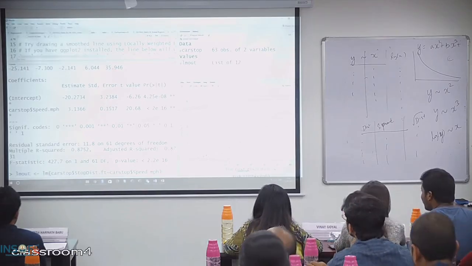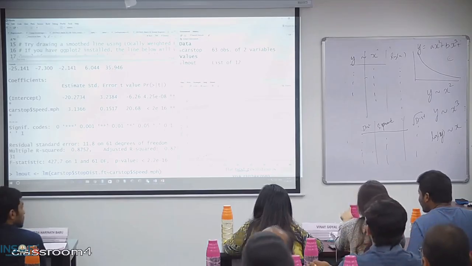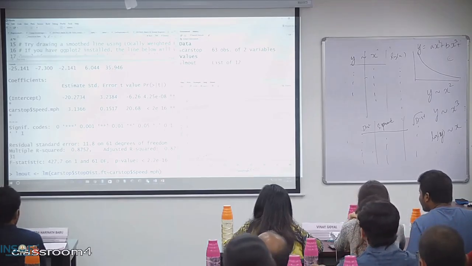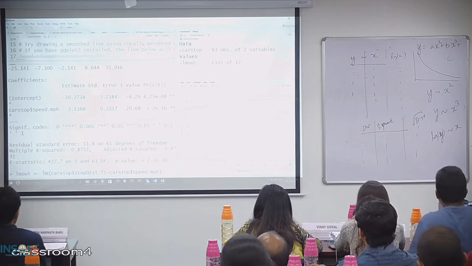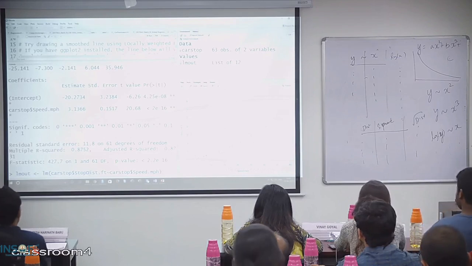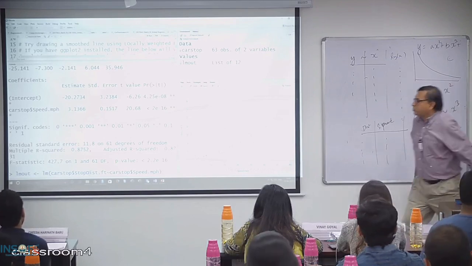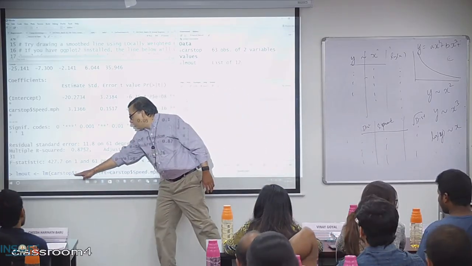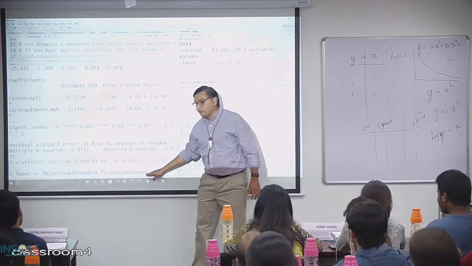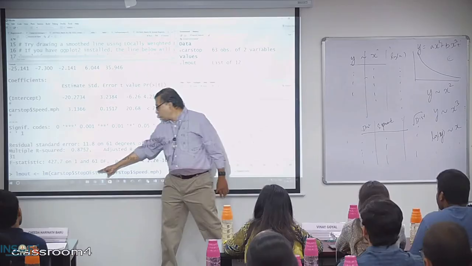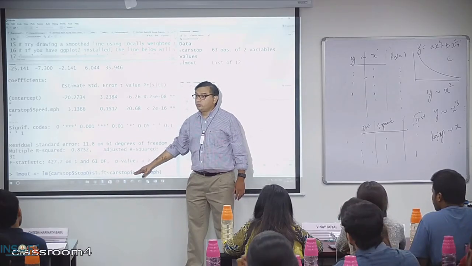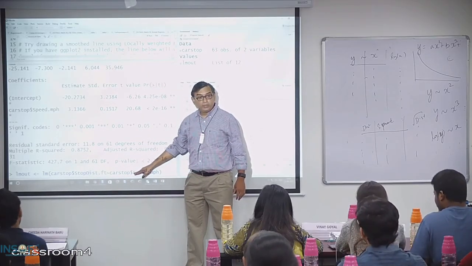I can do a different kind of fit. I can do a squared fit instead of stopping distance versus speed. So here I'm trying to build a linear model, stopping distance as a function of speed. We talked about how the stopping distance is a function of speed, square of speed, right?